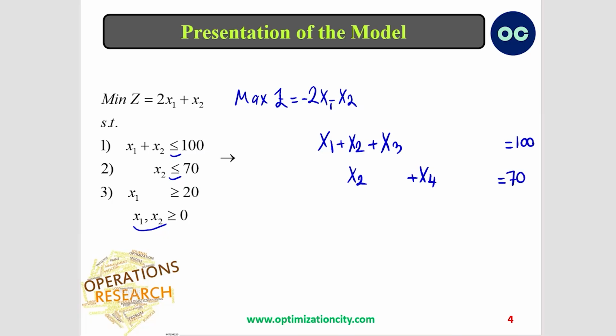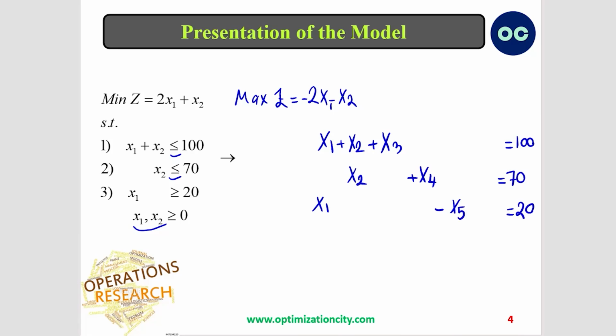We change this inequality form to equality form. The third constraint is greater than or equal to, so we introduce a surplus variable x5 to rewrite this: x1 minus x5 is equal to 20.